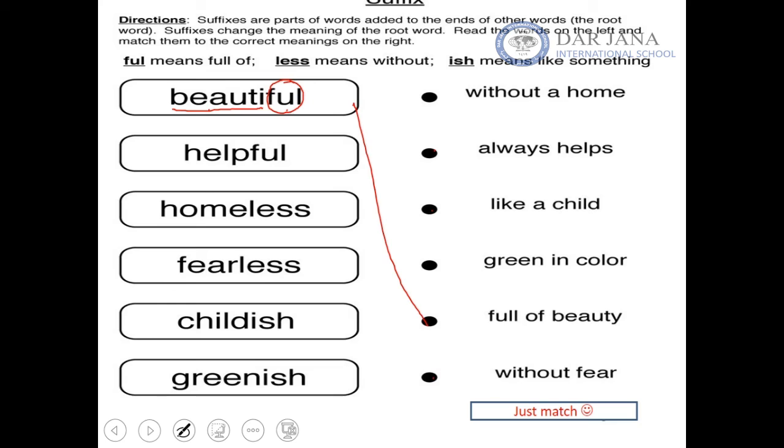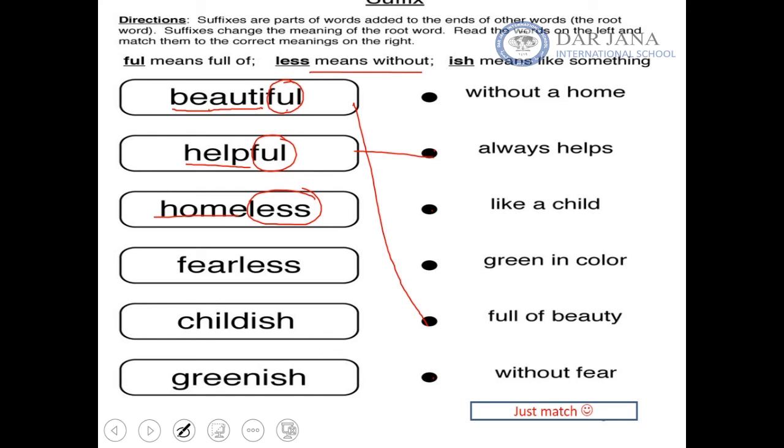Here we have help plus ful, so it's full of help. It always likes to help, so always helps. Good work. Here we have homeless. Less means without, and without what?